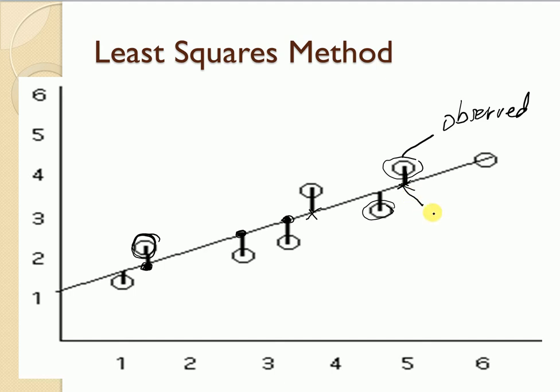So observed, predicted, a vertical line. And this vertical line represents the distance between the observed and the predicted values. And this distance is called the residual.